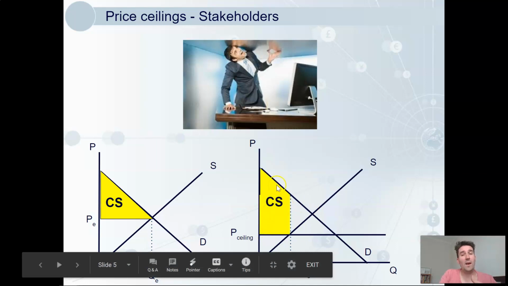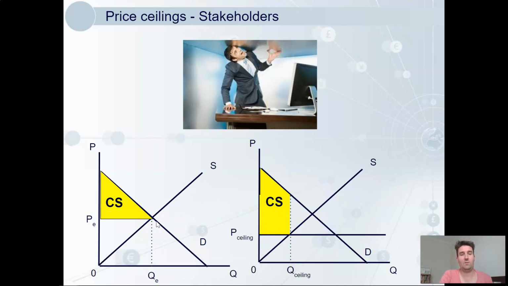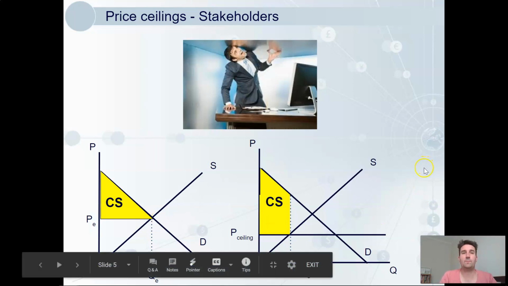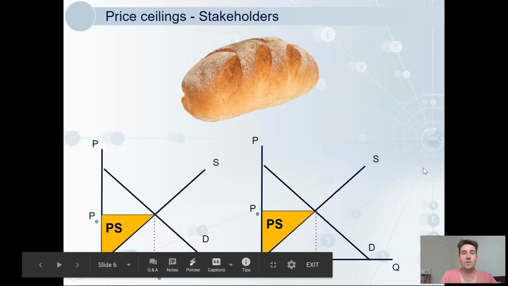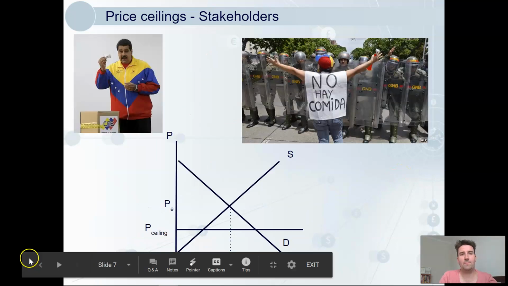So these people will gain because they're getting it for that cheaper price, but then we lose people, from QE to Q ceiling. They're missing out. Now producers, they lose a lot of welfare. They receive less money per good, right? And they sell a lower quantity as well.